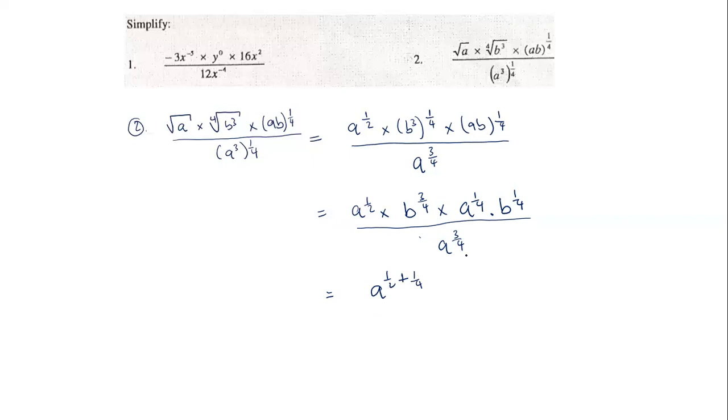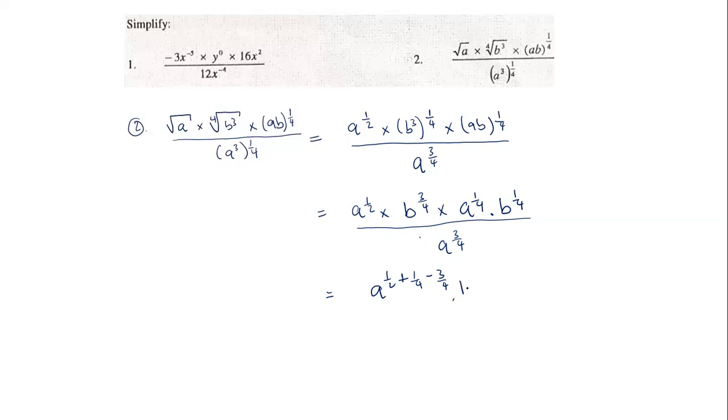Do I have another a? Yes, at the bottom, below the division line. That means I am dividing the same variables with the same base. I'm dividing the a's. So that means I'm going to have to subtract this exponent. So I'm going to say here I have negative 3 over 4, right? Now I'm done with the a's. Now I'm going to talk about the b's.